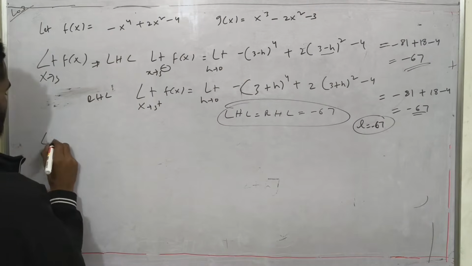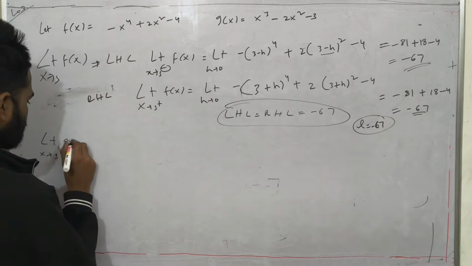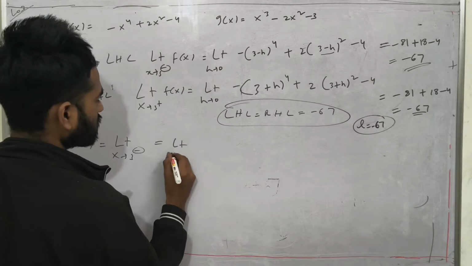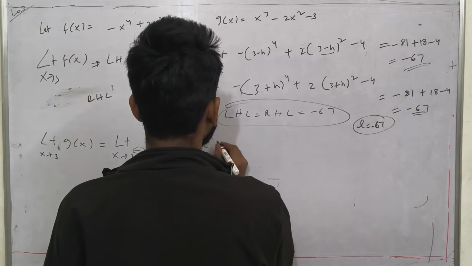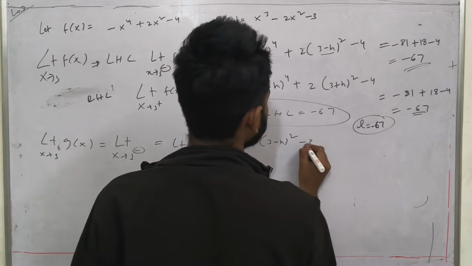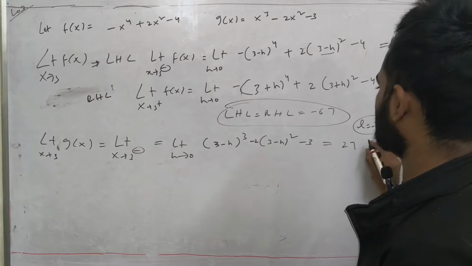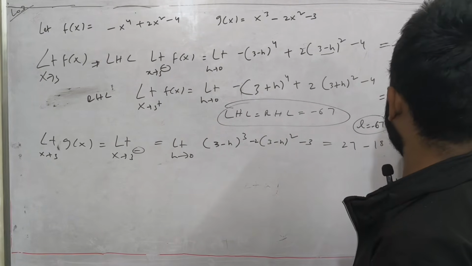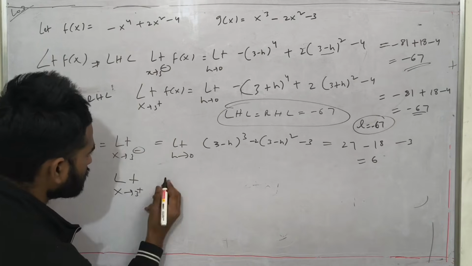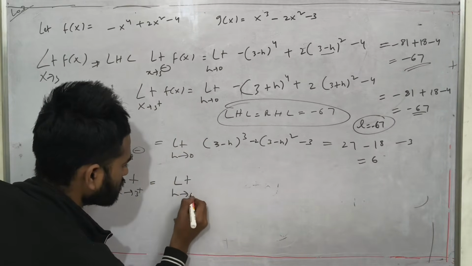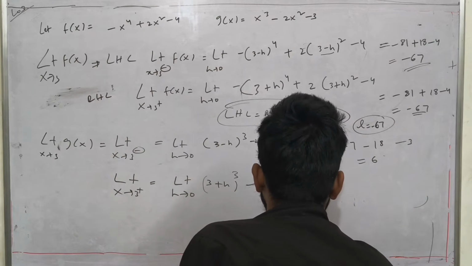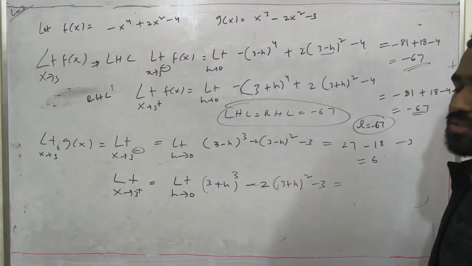Similarly, for g(x), the limit as x tends to 3 minus of g(x) equals limit as h tends to 0 of (3 - h)^3 - 2(3 - h)^2 - 3.